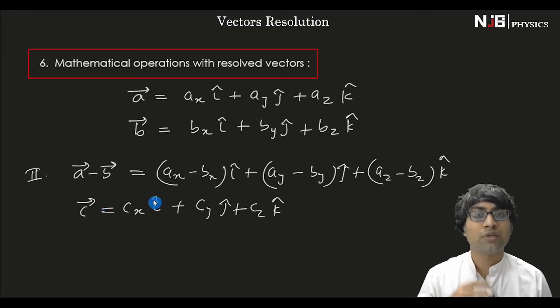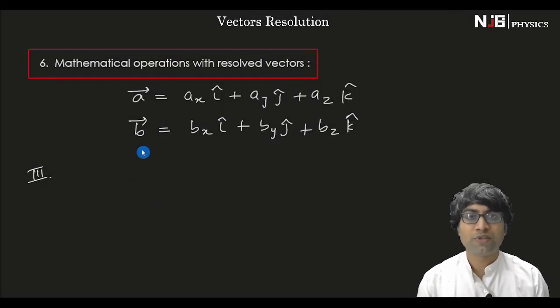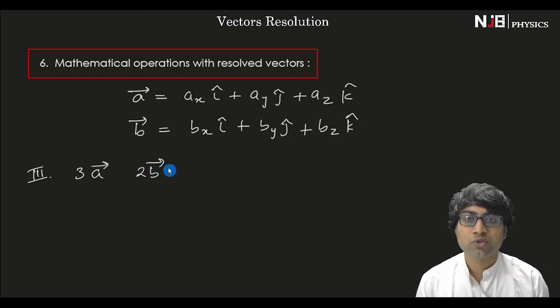So we have talked about the addition of two vectors given in the component form, and subtraction of the two vectors. Now we can talk about multiplication of a vector with any scalar quantity, and let's see how it becomes. So basically, let's say we multiply this a vector by 3, so it becomes 3a vector, and we multiply b vector by 2, so it becomes 2b vector. And let's say we want to add these two things, so it is very easy.